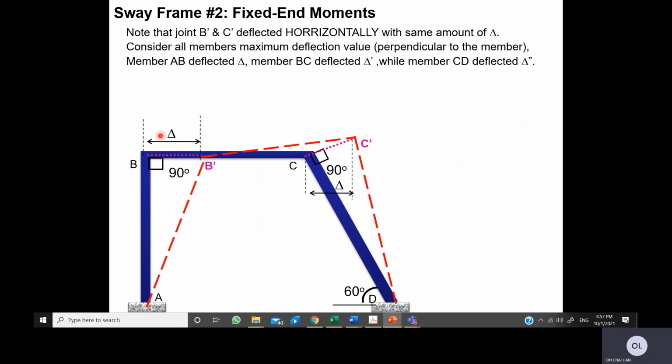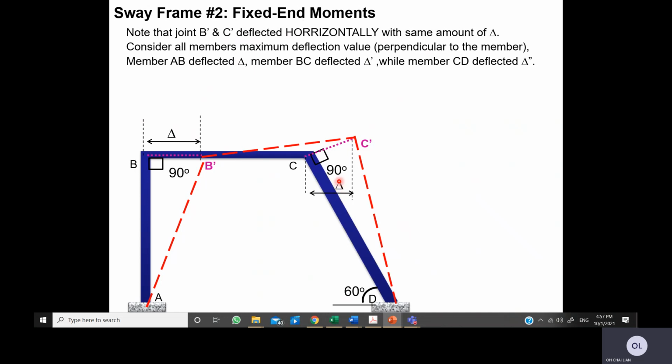Remember we said earlier that B and C must deflect horizontally with the same amount of deflection. I am talking about the horizontal deflection, which must be equal.